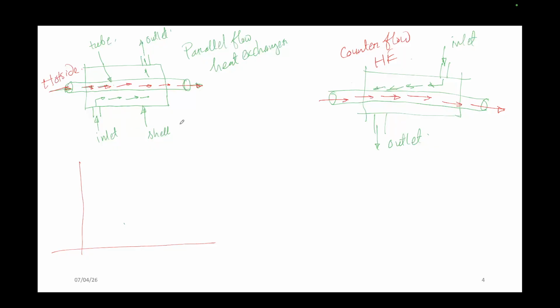And the shell side is the cold side. So remember this thing. Similarly here, the red one is the hot side and the green one is the cold side. So now if I draw the temperature profile, this is this end and this is this end.